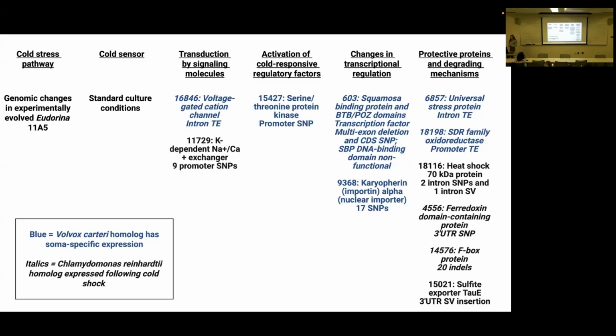So in my Eudorina gene, there's a multi-exon deletion and a CDS SNP. The DNA binding domain of this transcription factor has been completely lost.